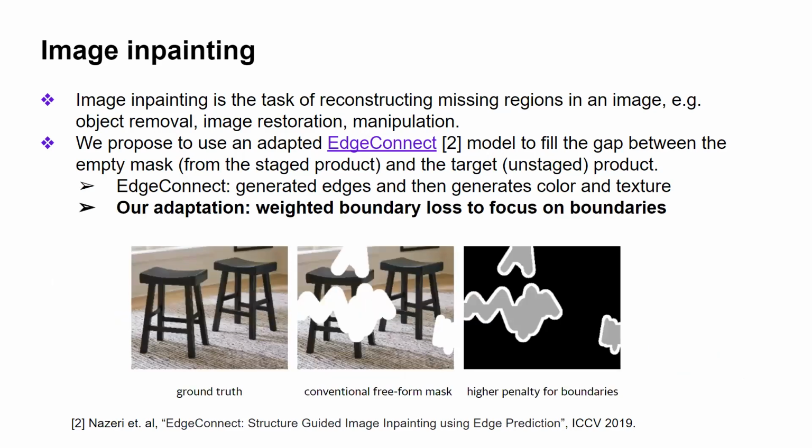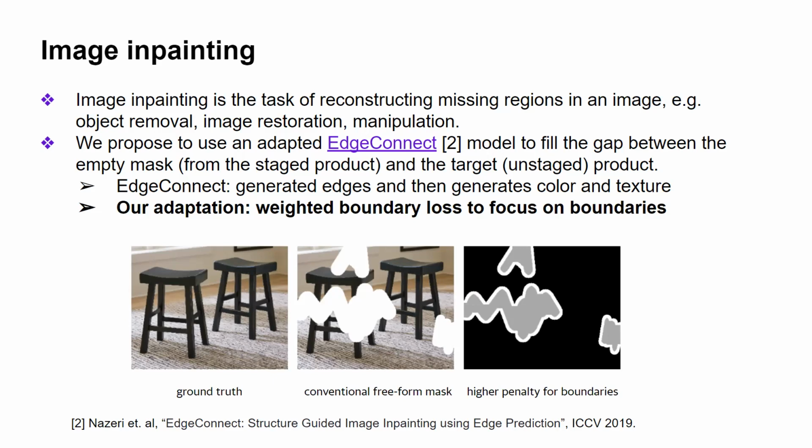There is a way in which we adapted Edge Connect for our setup, and what we did was we modified the loss function in a very specific manner, and I can explain that through these images. Imagine this ground truth, as I've shown on the left side. For training Edge Connect, the default method is to create these white spaces or free form masks, as they say, and then ask the model to in-paint it.